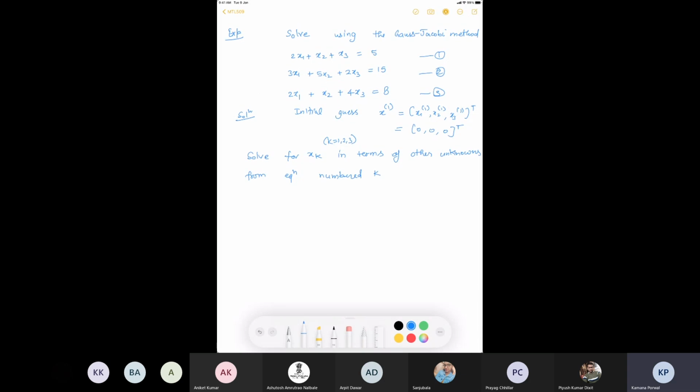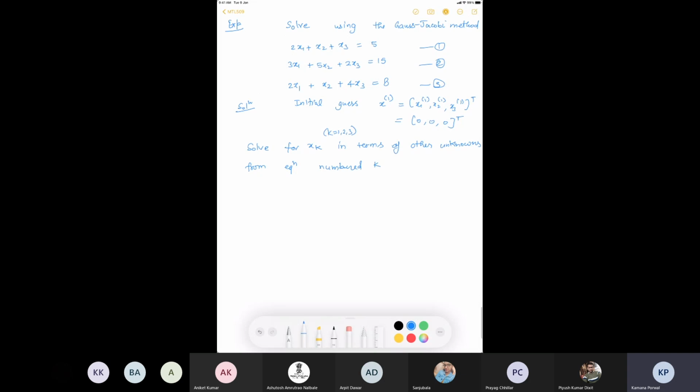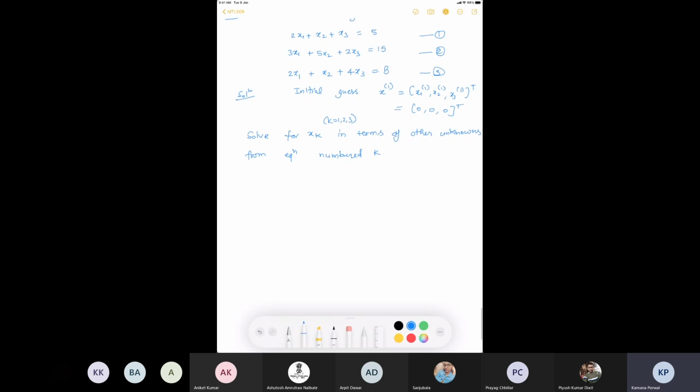I could have directly used the formula, but I don't want to remember the formula. If I have understood what this method does, I don't have to remember the formula of these methods, right? So I just solve for x1 from the first equation.